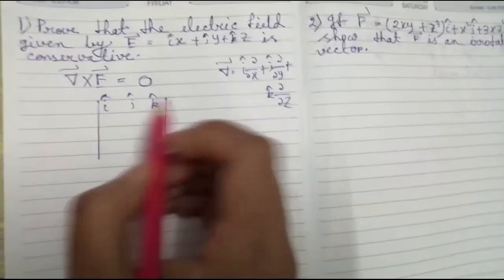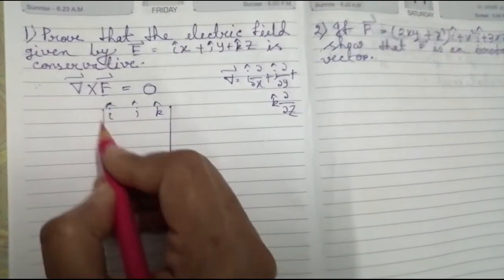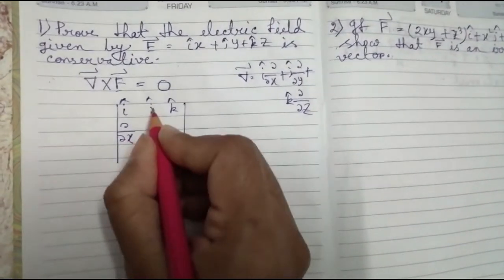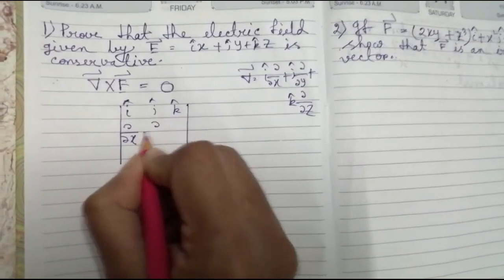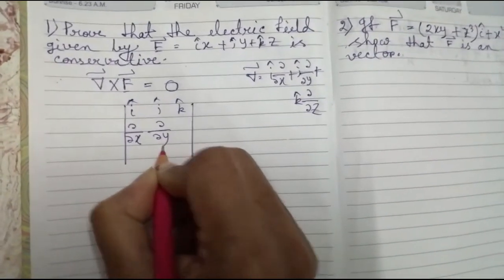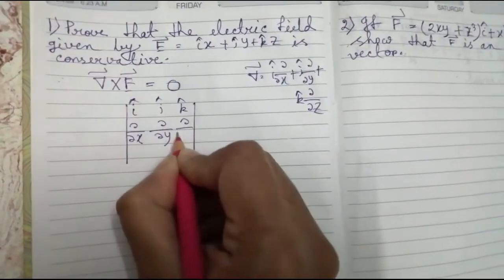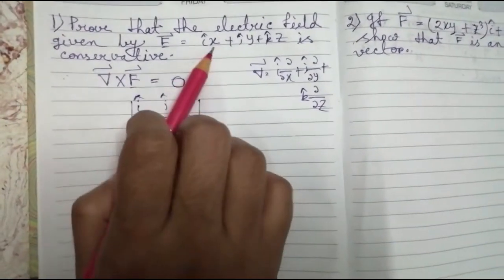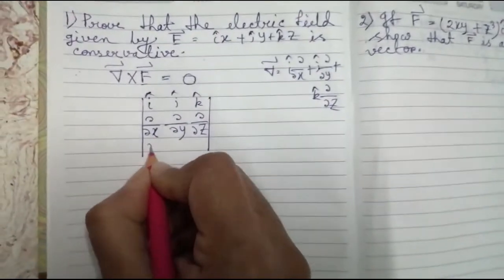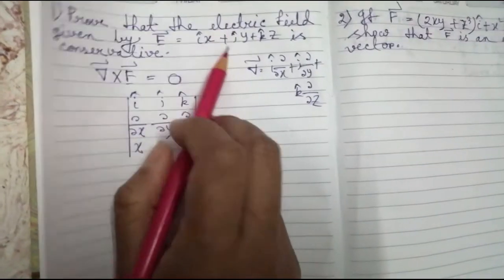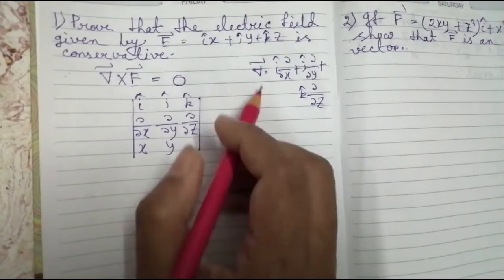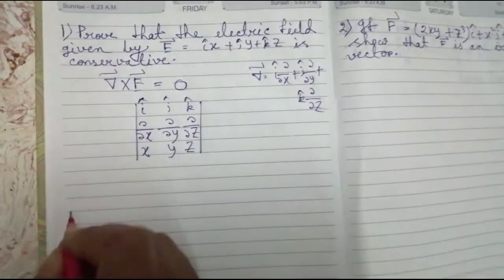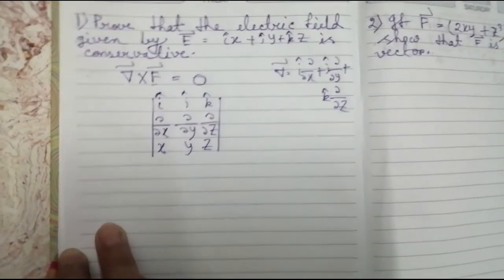So below i cap we write del del x, below j cap similarly del del y, and below k cap del del z. Now what's the component of i cap here? X. What's the component of j cap? Y. What's the component of k cap? Z. So thus here we have written like this.